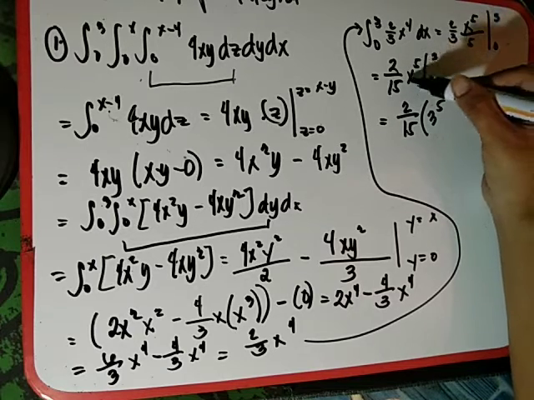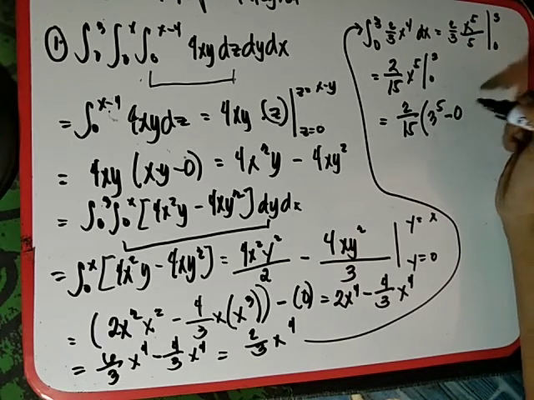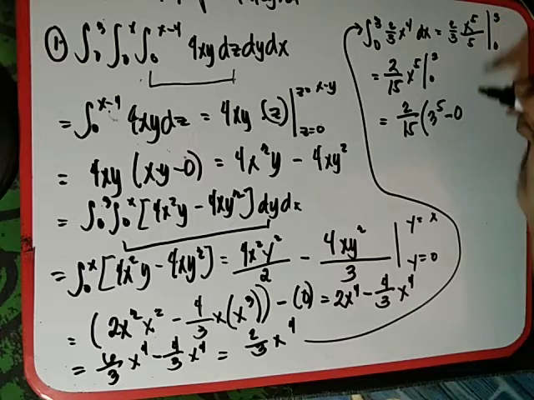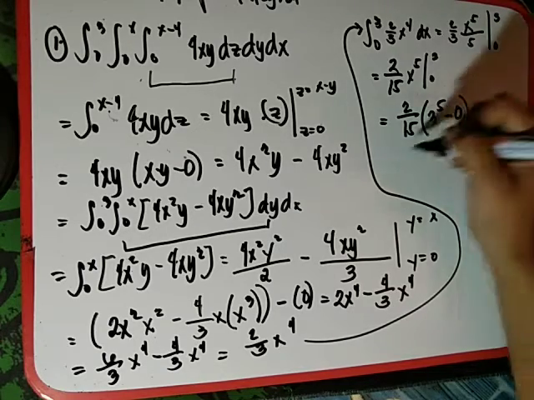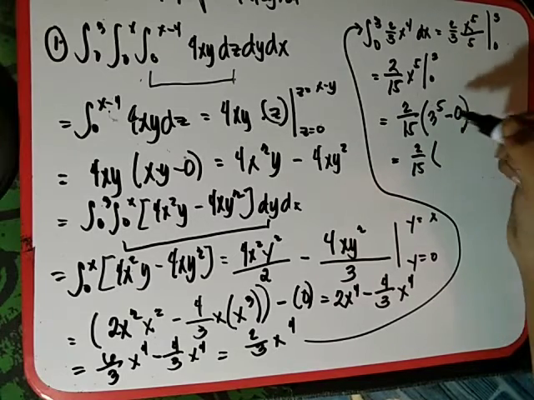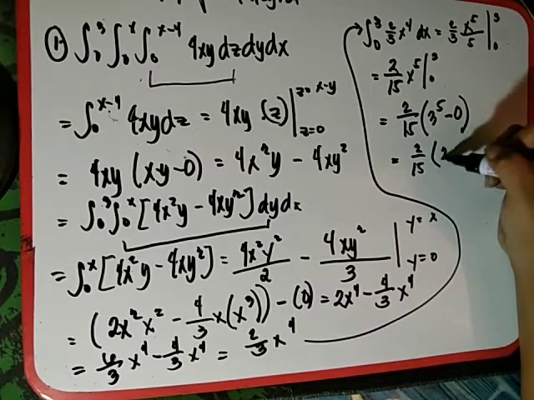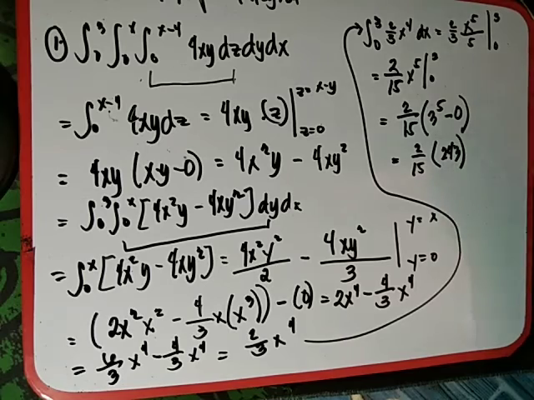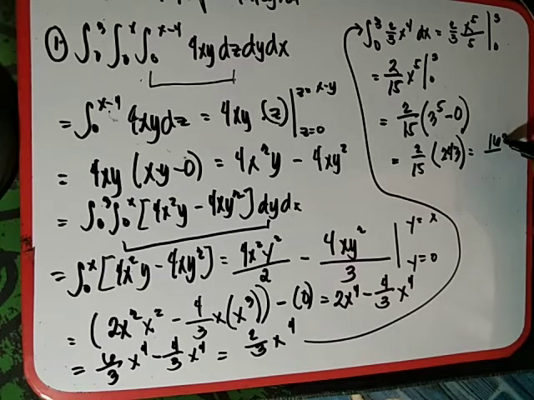We will substitute 3 to our x minus 0 for our 0. That is equal to 2 over 15, and 3 raised to 5 is 243. So we have the answer of 162 over 5. So this is the final answer for our example in triple integral.